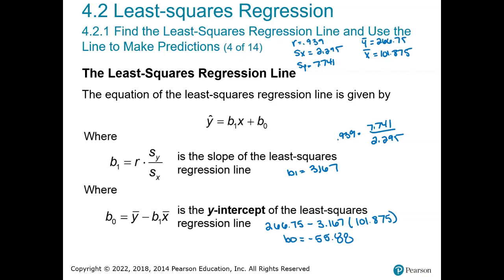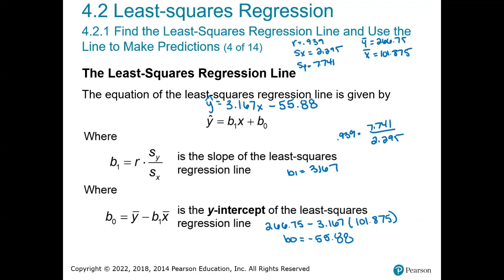So using these formulas, the least squares regression line would be y = 3.167x minus 55.88. This should match pretty closely to what StatCrunch shows, and I will double check that in a second.